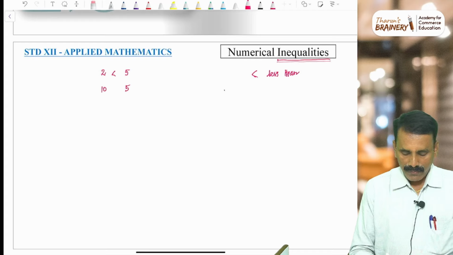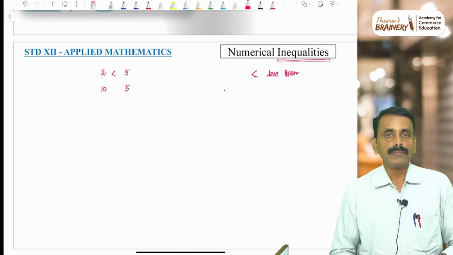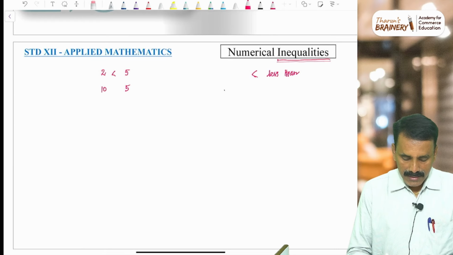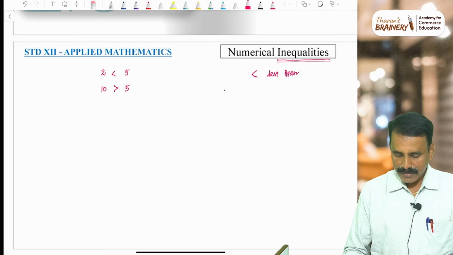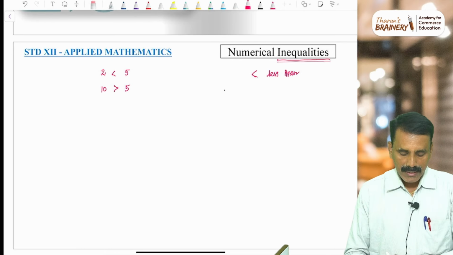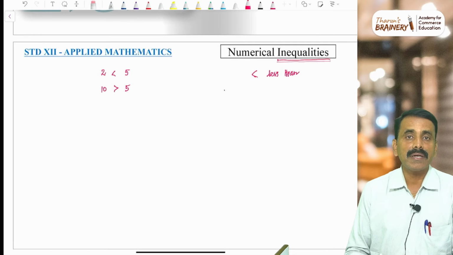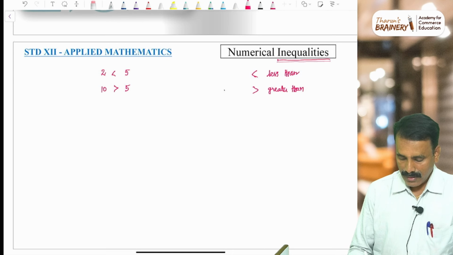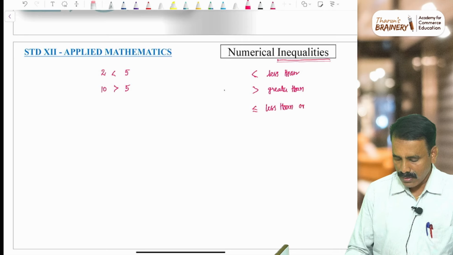Ten and 5. We say that 10 is greater than 5. We won't say that 10 is less than 5. We say that 10 is greater than 5. So this symbol is called as greater than, and this is called as less than or equal to.